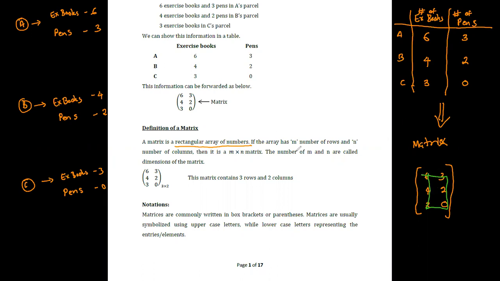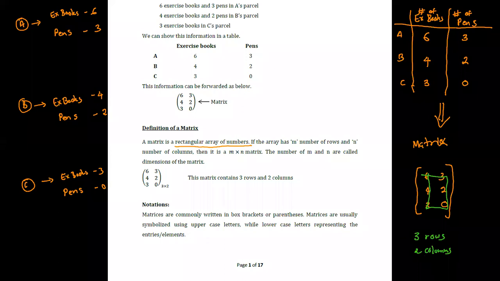There were three rows and two columns in this matrix. Therefore, in general we can say that a matrix is a rectangular array of numbers. Since this is a rectangular array of numbers, here I have identified that there are three rows and two columns.